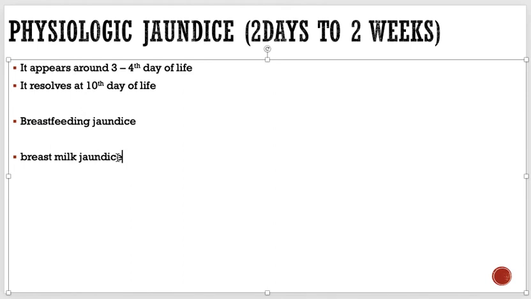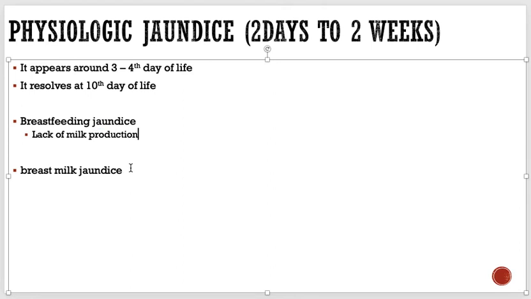Now, the important thing about breastfeeding jaundice is what? Especially in first mothers, the milk production is not much, or sometimes it is not sufficient, or you can say there is a lack of milk production.